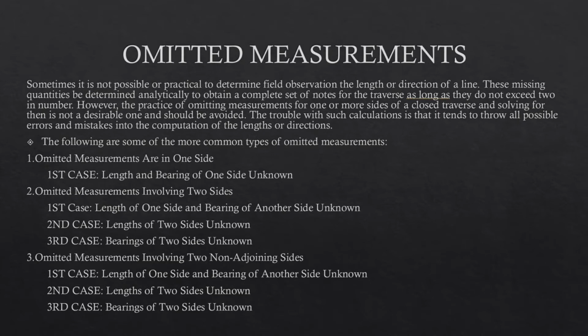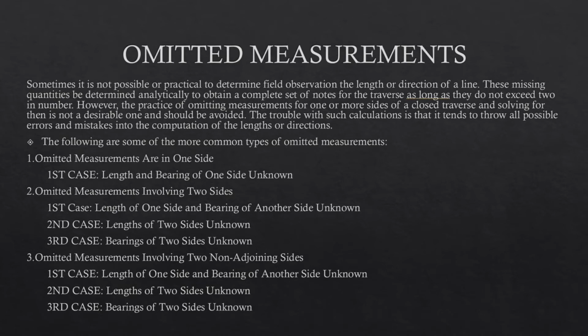So, hindi lang siya isang course ang hindi natin alam yung data. Magkaibang course. Okay, so, third, meron tayong omitted measurements involving two non-adjoining sides. So, hindi magkatabi yung sides na wala. Okay, so, meron din ulit tayong tatlong case doon. First case, length of one side and bearing of another side is unknown.